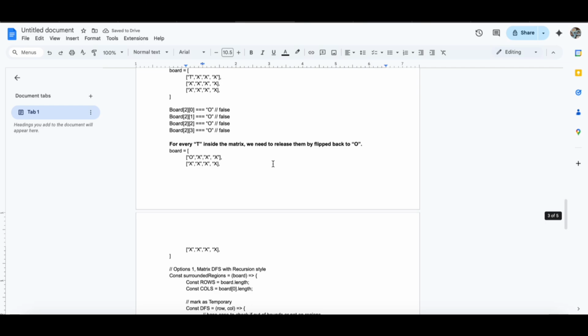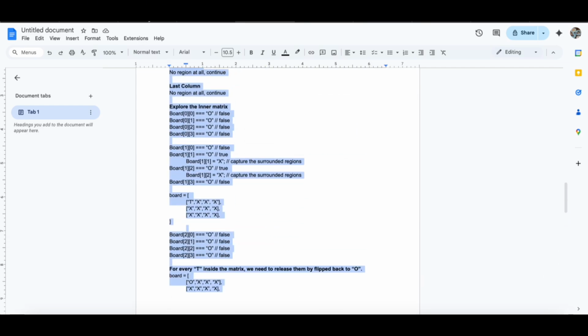Okay, before this we already do the guideline, right, at here.